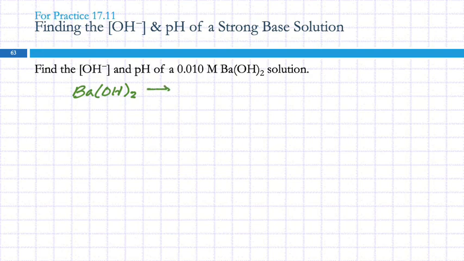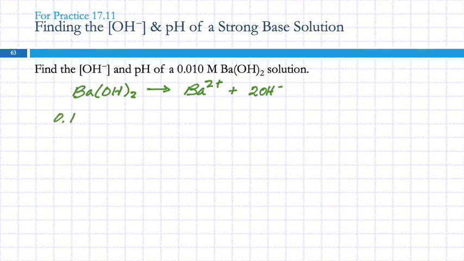So when this dissociates, what do we get? We get a barium ion and 2 hydroxide ions, right?